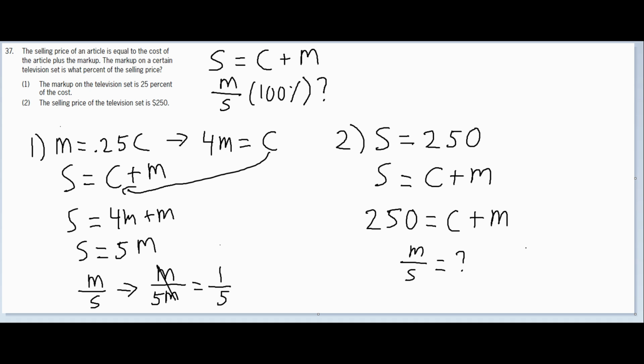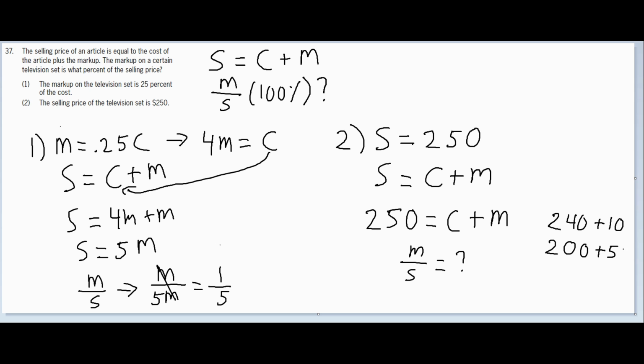Okay, now it looks like there's not enough information, but to be sure, we can apply tactic 1, which says to be sure there's not enough information, find 2 different answers that fit the given information. So it's pretty easy to do in this case. We could say maybe the cost is $240 and the markup is 10, or maybe the cost is $200 and the markup is 50.